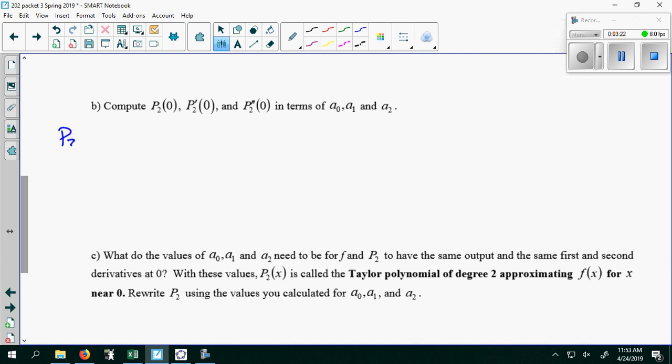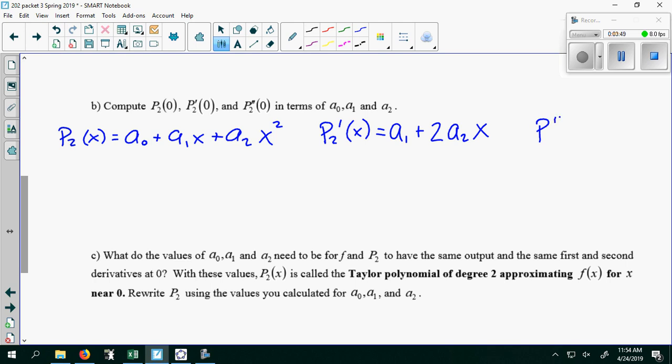So P2 of x was a0 plus a1x plus a2x squared. P2 prime of x, the derivative of P2, well, the derivative of a0 is 0 because a0 is just a constant. And then the derivative of a1x is a1. And the derivative of a2x squared, I just do the power rule and I get 2a2x.